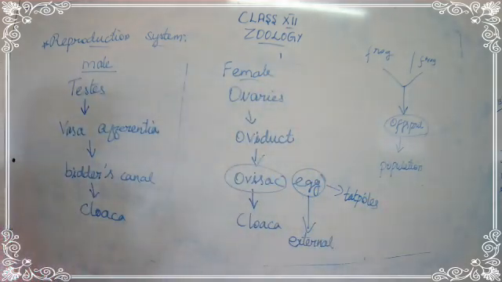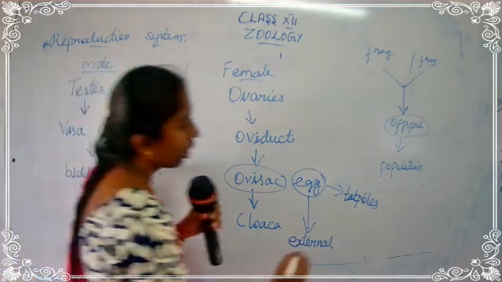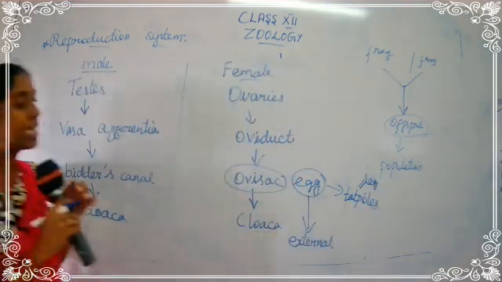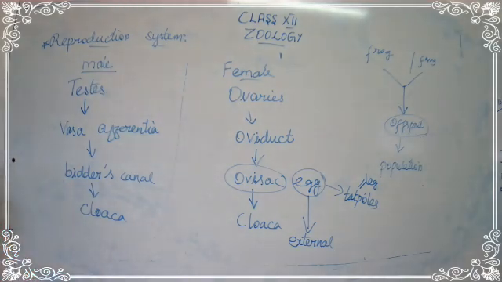These tadpoles have a tail and fins, like a fish. After growth, the tadpoles grow legs and the tail and fins disappear. That is an adult frog.